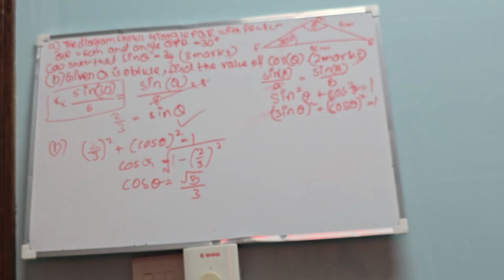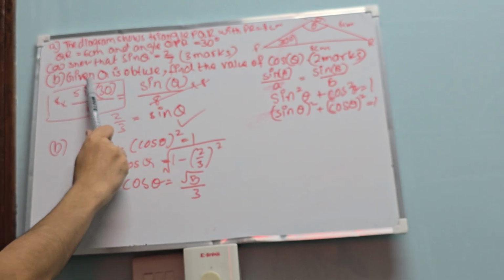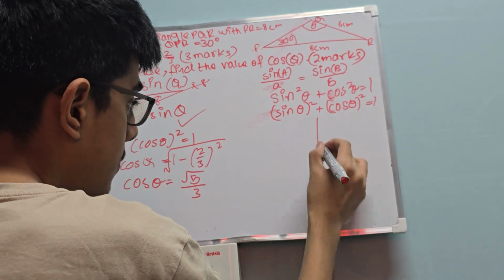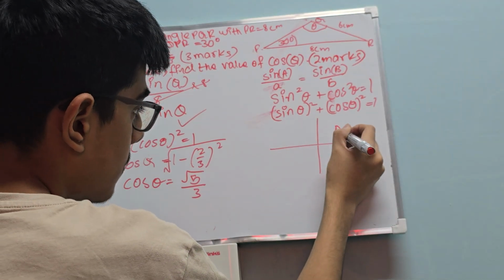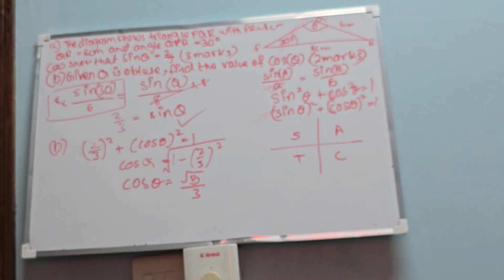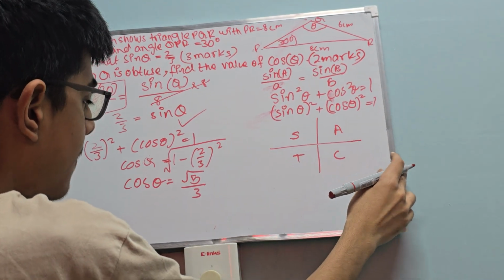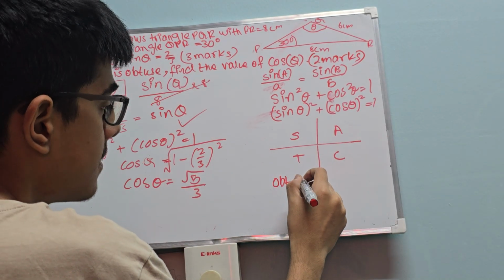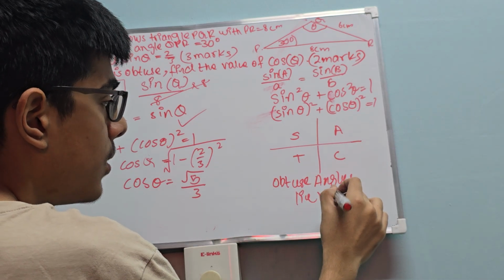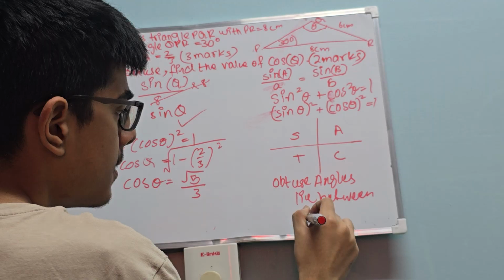No. Why? Because it says that given that Q is obtuse, they have given a condition over here. So what do we need to do? You have to draw a CAST diagram, ASTC over here. Whenever the angle is obtuse, remember the key fact that obtuse angles lie between 90 and 180.